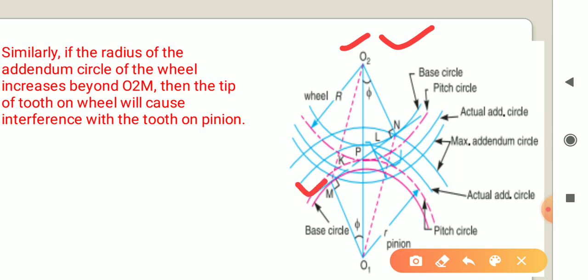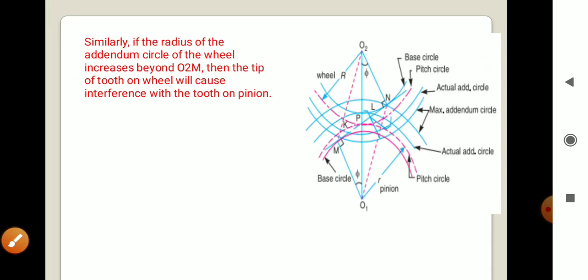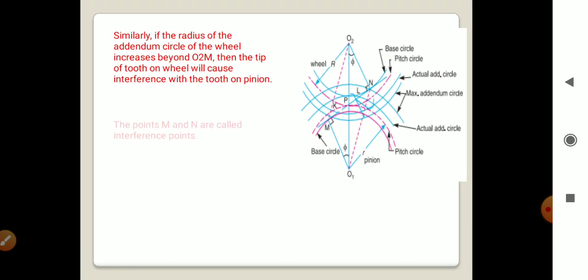If we increase the radius O2M beyond this point M, the point will be inside the base circle of the pinion. Because of that, the teeth of the wheel undercut the teeth of the pinion, and interference occurs. That means wear will occur on the pinion teeth.